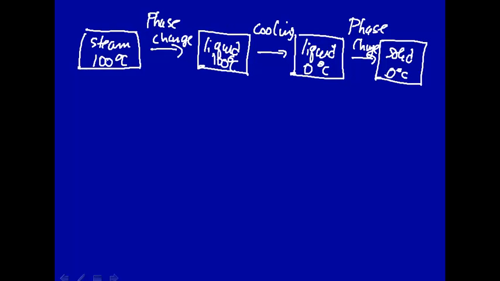Phase changes occur at constant temperature. The way we've written it here, 100, 100, the temperature doesn't change. The Q that you transfer from a frozen to a liquid, or a liquid to a frozen set of molecules, is actually a reversible process. It doesn't do any work, but it is reversible.